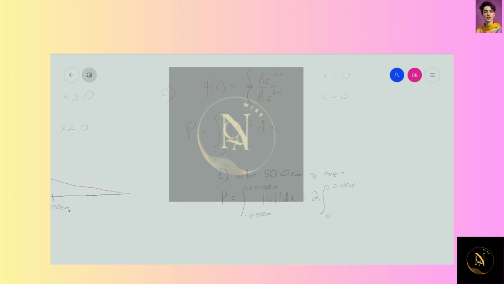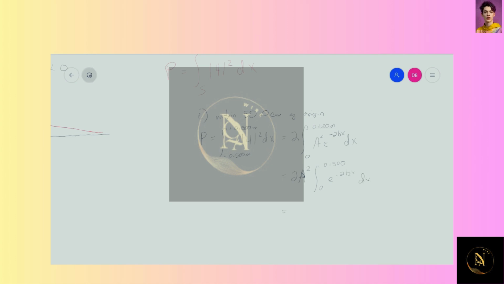The wave function for when x is greater than 0 is A e to the negative bx, so we'll say A squared e to the negative 2bx for the squared wave function. And we will solve this. So first step, we'll have the 2 out, A squared, and for our integral, we'll have from 0 to 0.5 e to the negative 2bx.